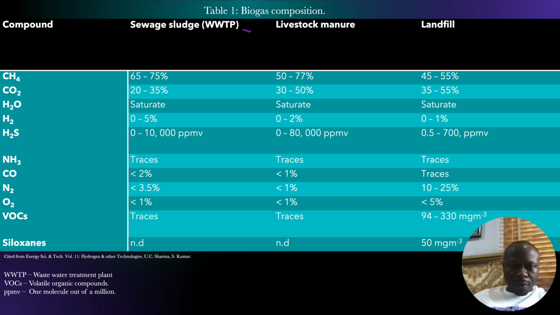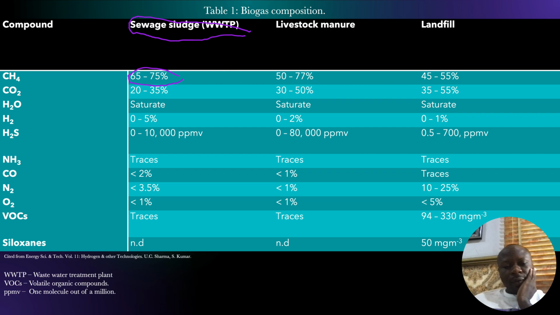For example, the sewage sludge, as you can see, if you use it as your feedstock, you'll be having methane up to 65 to 75%. That will be the amount of methane you'll be producing.